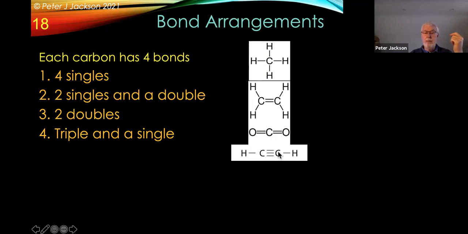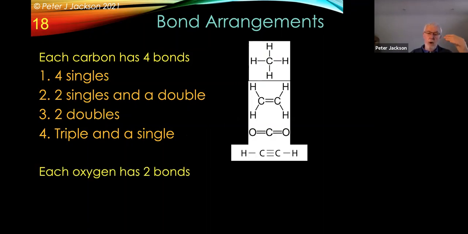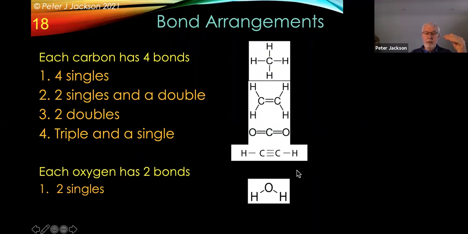For example, here we've got ethine. Well, it's got 3 and one's 4. This one has got 3 and one's 4. So that's one option. And while we're on it, if you're talking about oxygen, oxygen always has 2 bonds. It can have 2 single bonds, as in water.